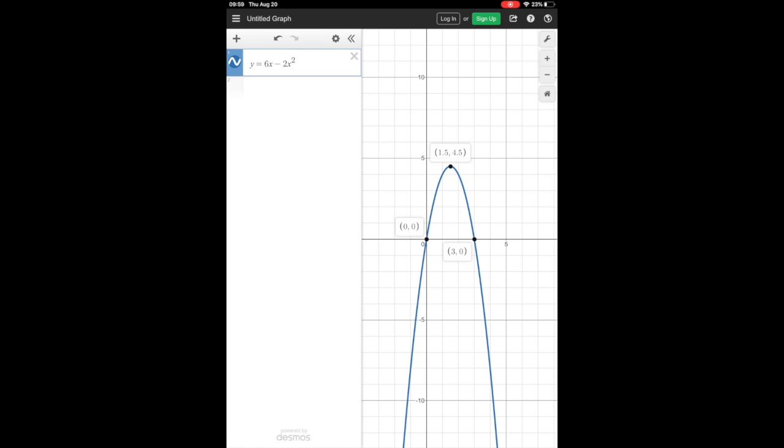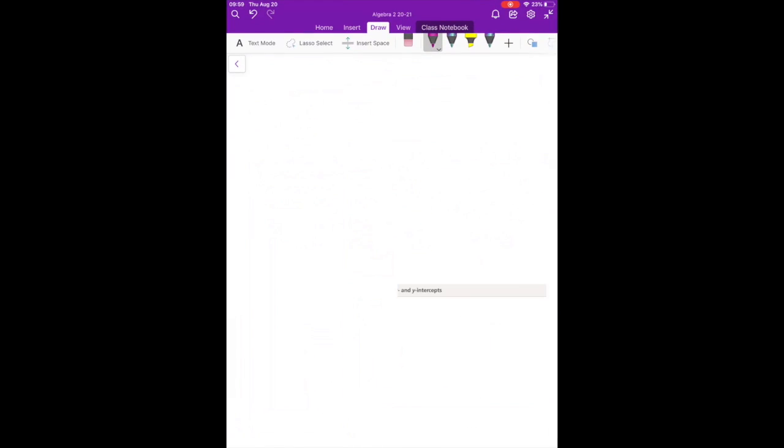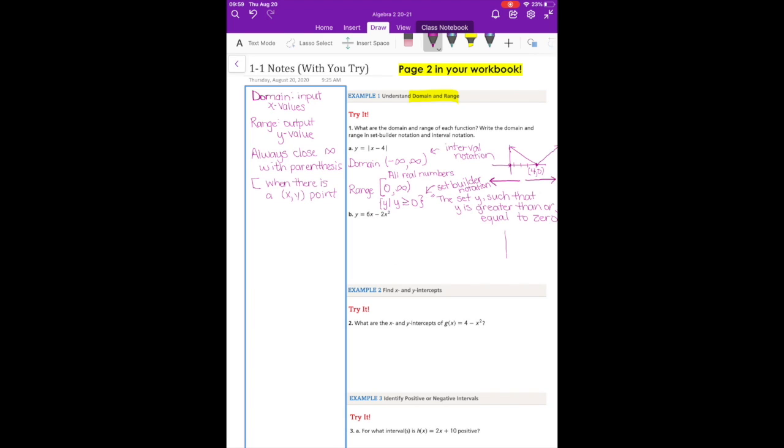And the top, this is why I like Desmos, I just had to touch it to see that that point is 1.5, 4.5. So I'm going to put that there just to remind myself.